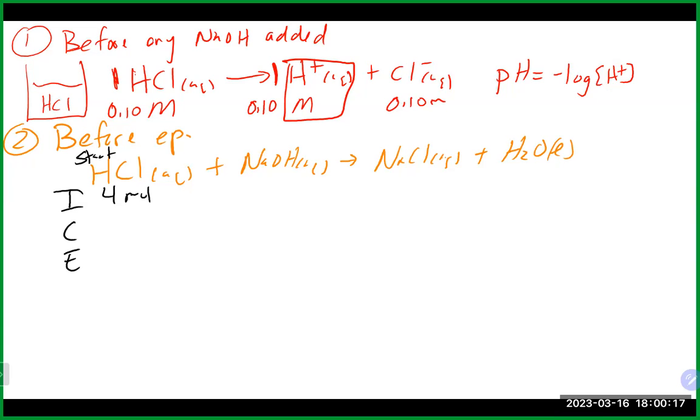If I am before the equivalence point, should the moles of sodium hydroxide, which is what I am adding, be less than, equal to, or greater than the moles of the acid? Let's start with at the equivalence point. At the equivalence point, the moles are equal to each other.